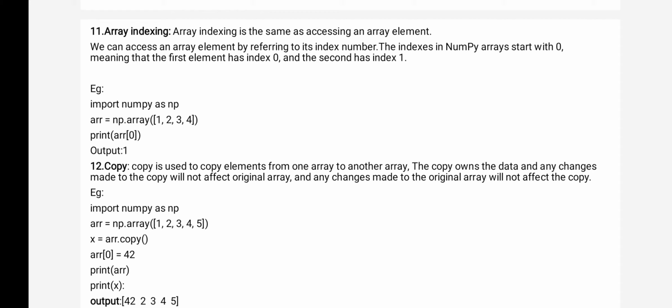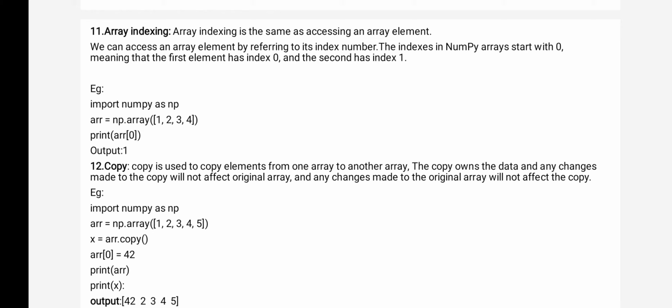See the definition: array indexing is the same as accessing an array element. Using an array index, you can find the element, and the index number starts with 0. Here we just give the position of an element, and this method will display the element at that particular position.